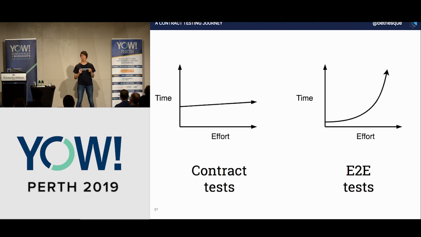Now, the reason for that is that when you're running an end-to-end test suite and you add a new interaction and you add a test for that interaction, it's unlikely that you're going to be able to go straight to that bit of code that you want to test. Usually you have to set up some data and then execute this step and go to this resource and go to this page and click this and then get to the bit that you're interested in.